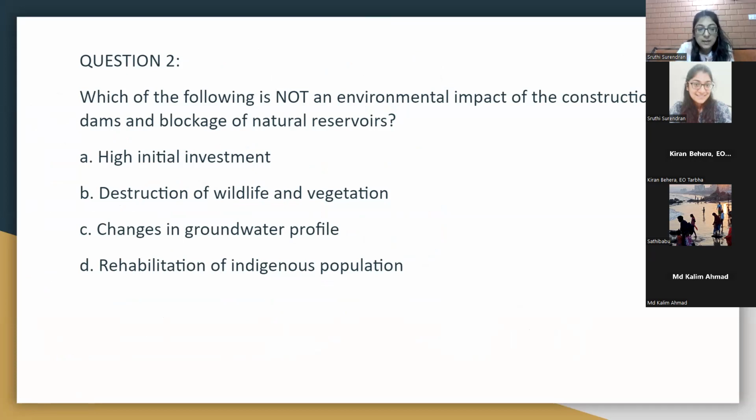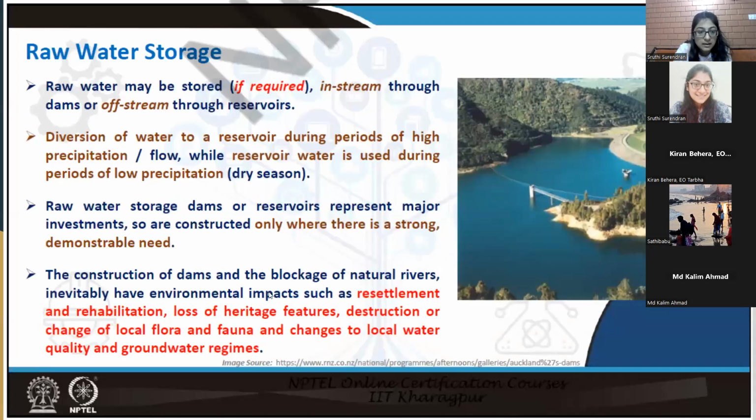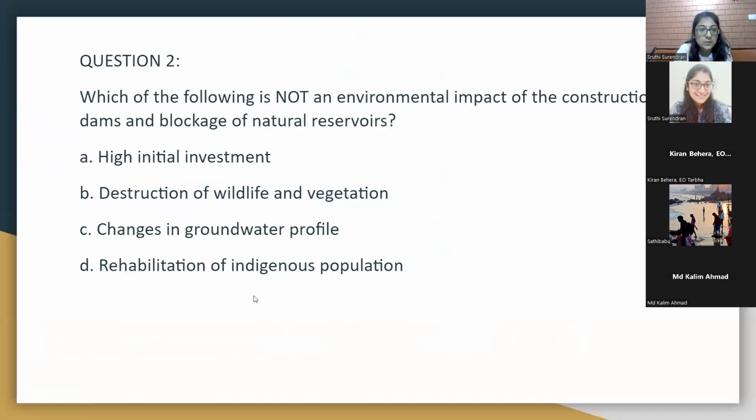So again, rehabilitation of indigenous population might not be referring to just human population. It can be to whatever is living in that habitat. So moving that native population of whatever organisms or animals or humans is also coming under an environmental impact. There again, the heritage features are lost, local flora and fauna are lost, local water quality is lost, and groundwater regimes are lost. So the question was, what is not an environmental impact?